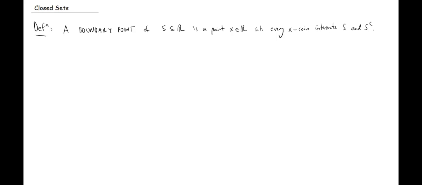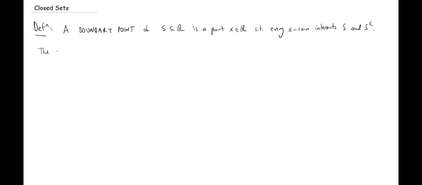Okay? Now, based on our notation for interior point, it would make sense to call the set of boundary points B of S, but in mathematics, they have a pretty standard symbol to talk about the boundary of a set, and it's a little bit confusing here.